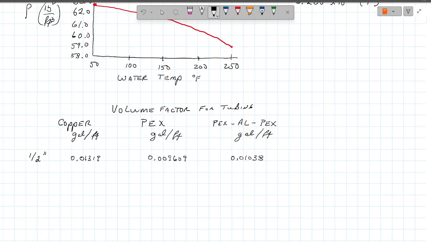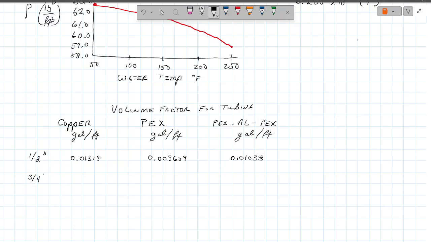Okay, and as long as we're here, half inch copper has a larger inside diameter than does PEX, and so PEX fittings are a little harder to size and get the same volume that you would out of copper. So when you do a radiant floor, there's a whole bunch of different numbers you got to use there.